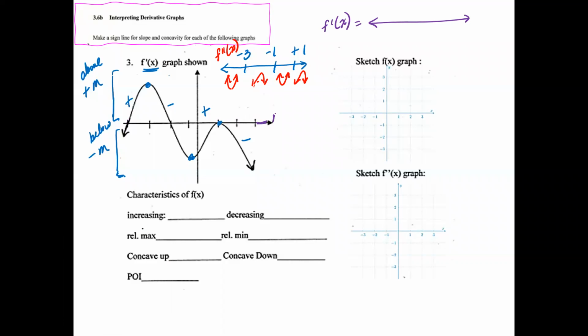Because the x-axis is here, slope is at 0, so the critical point is going to be at the x-intercept. So this point here, -4, -2, and 1. Yeah. So here's my first one, and I'm going to have -4, -2, and +1.